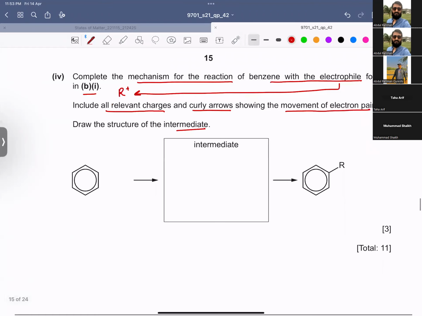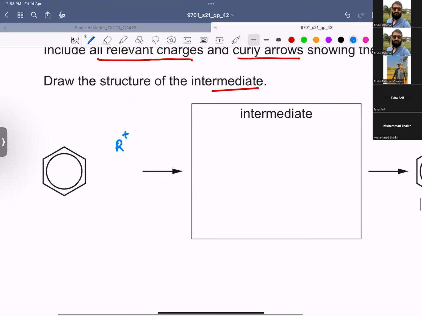So what would happen? For example, here I have an R positive. Then I would show a curly arrow from the pi bonding system towards this R positive. As a result, the intermediate is formed where that R is bonded to a carbon.